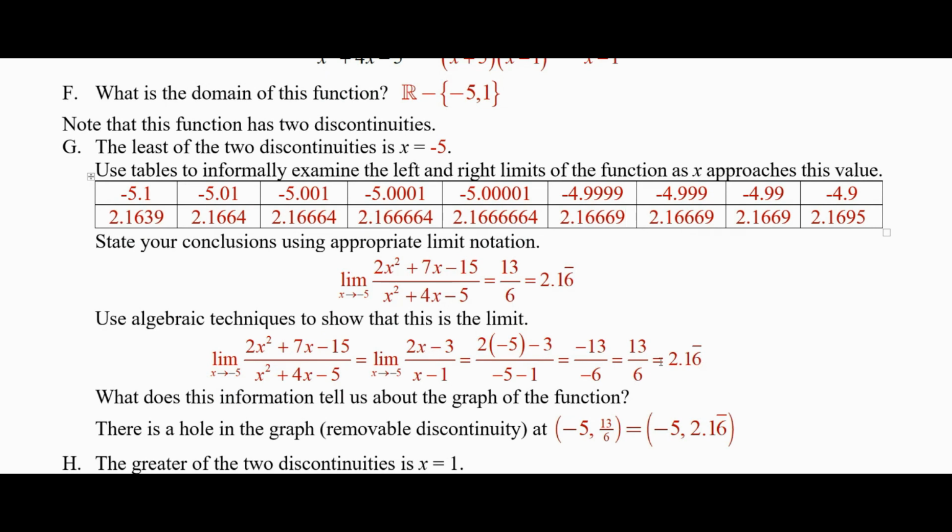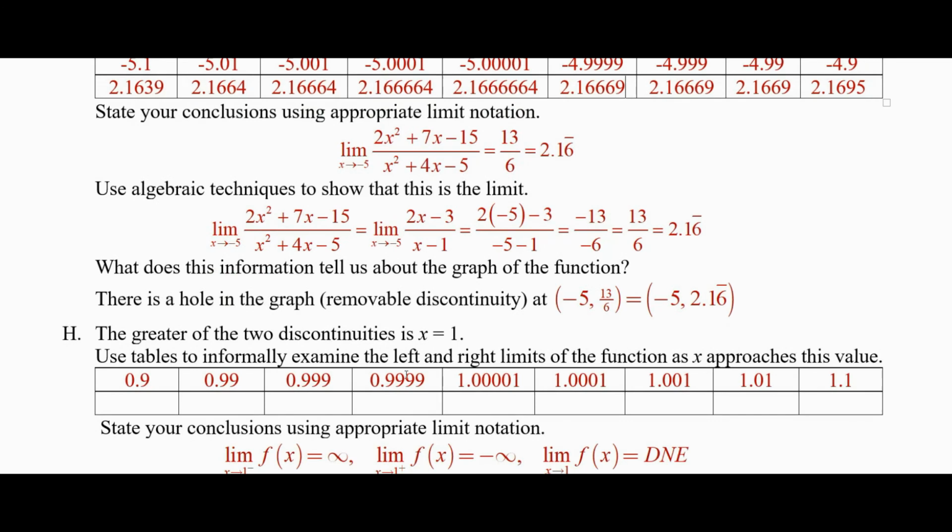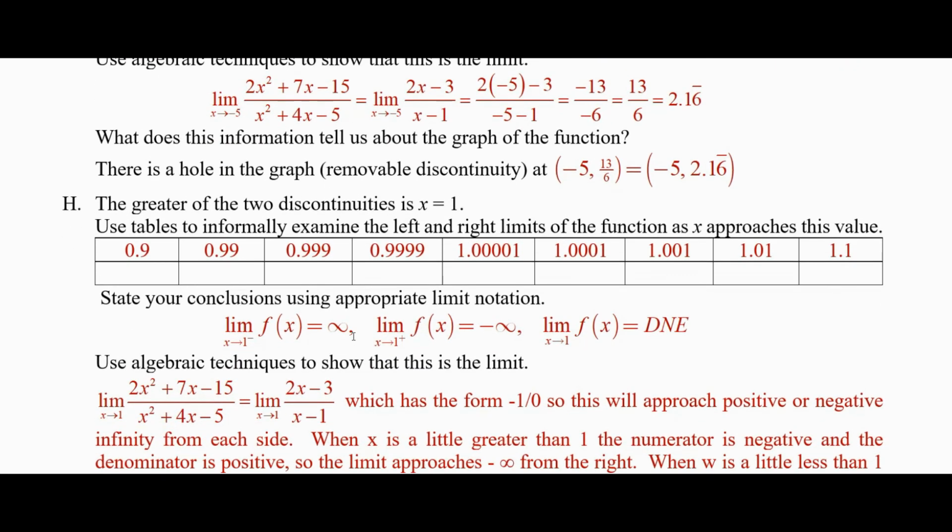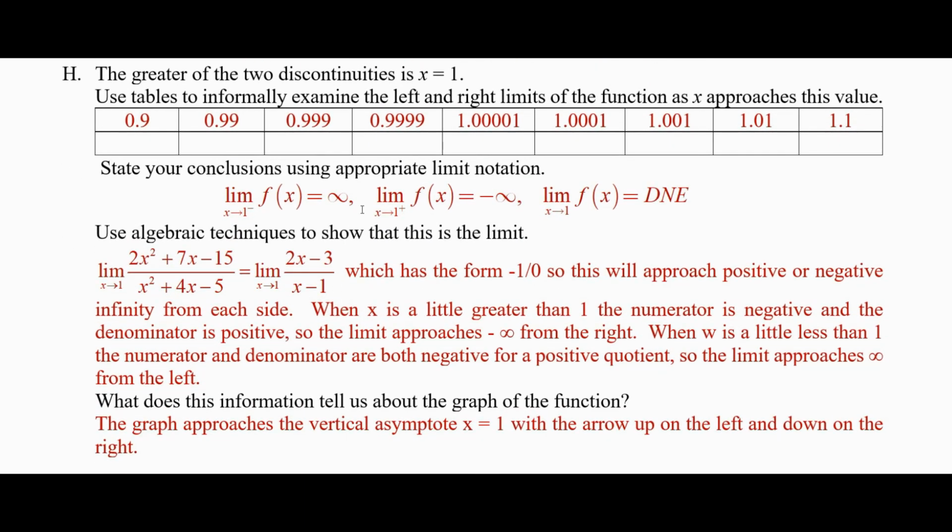And we see that that's exactly what we get here when we plug in -5 in the reduced version. So what does that tell us? That tells us that -5, 13/6, or -5, 2.16 with the 6 repeating, is a hole in the graph, a removable discontinuity. Compare and contrast that with what happens when x is 1.